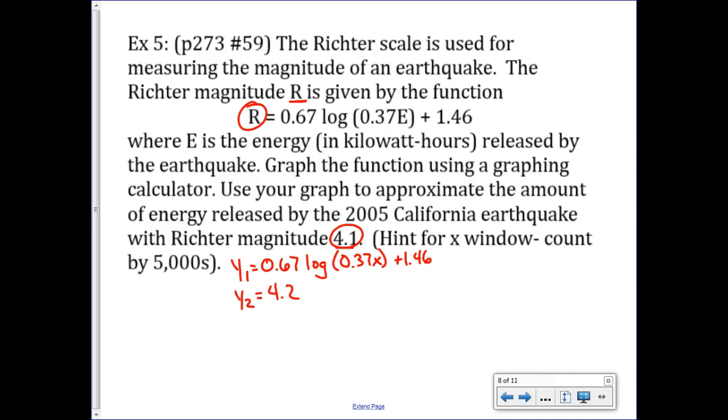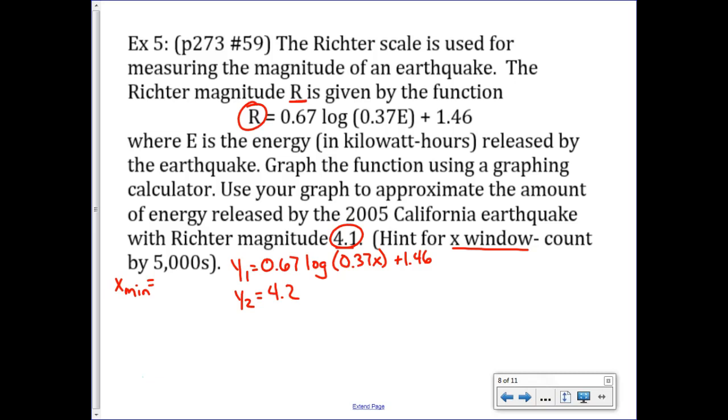Now they give you a hint on the x window, count by 5,000. So that means x minimum to x maximum, you'll want your scale to be by 5,000, which means that we're going to have a pretty big value here. So you may want to try a few different things, but x minimum probably doesn't need to be very small because it's probably not going to be a negative value.